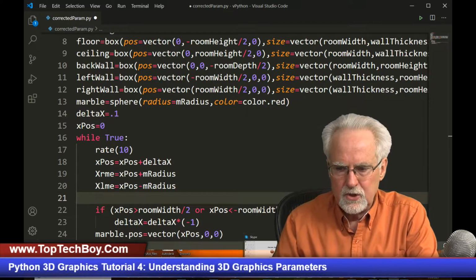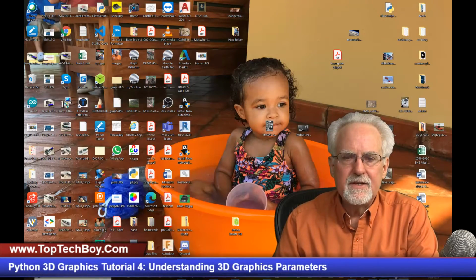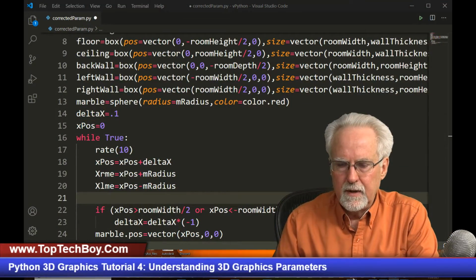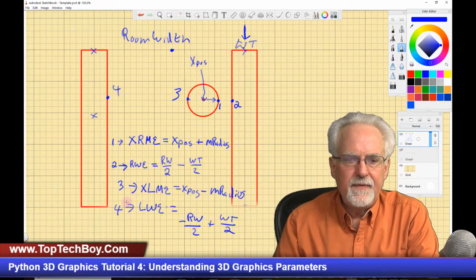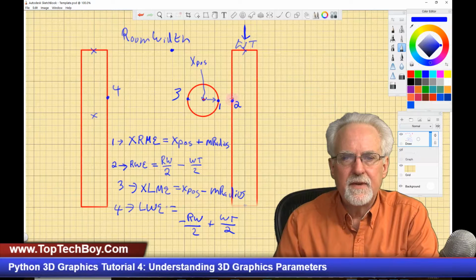Now I need to get those two wall edges in my code, right? Let's go back over here and go with the right wall edge. That's number 2 here. Well, that's the room width divided by 2 minus the wall thickness divided by 2.